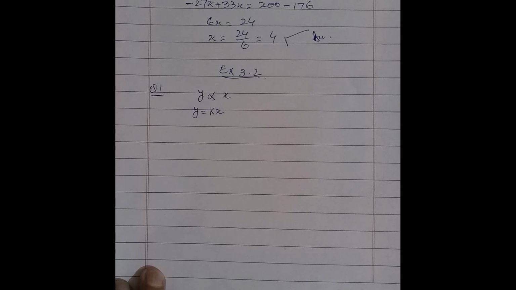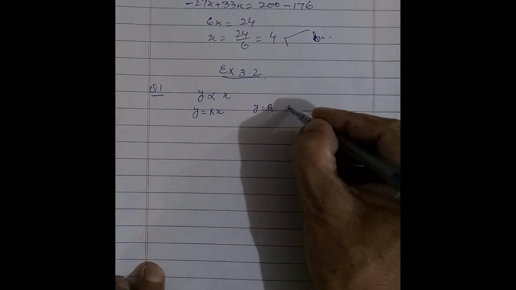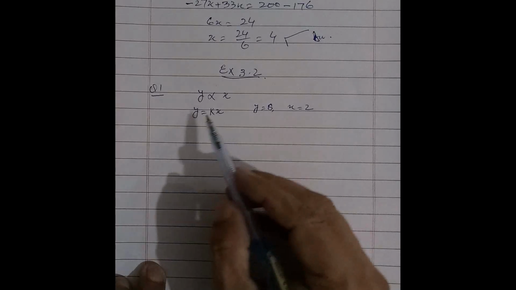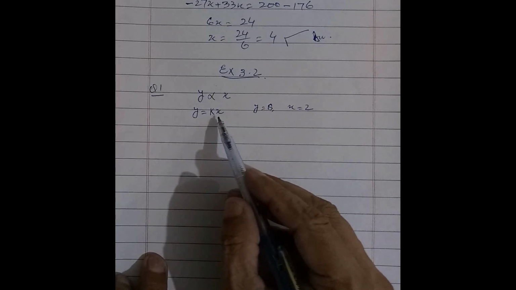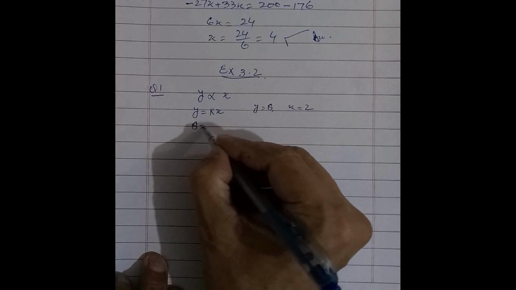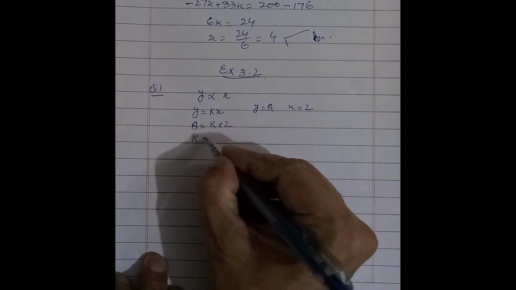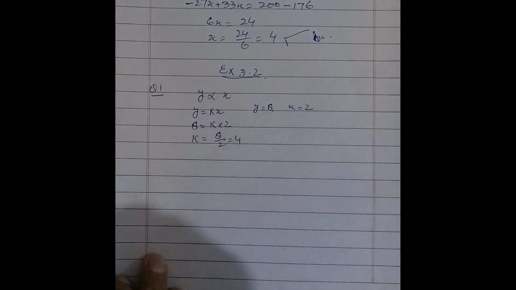And next, y is equal to 8 and x is equal to 2. Now we put the values of y and x in y is equal to kx to find k. 8 is equal to k into 2, and k is equal to 8 over 2, which is equal to 4.